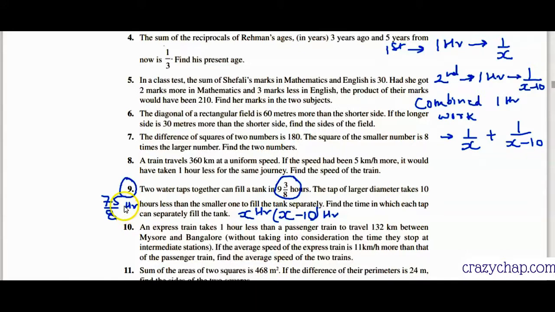So in 1 hour, their combined work as per the given question is 8/75, right guys? Because they complete the tank in 75/8 hours. So their combined 1 hour work is 8/75 part of the tank. Now from this relation and this relation, we can make them equal.